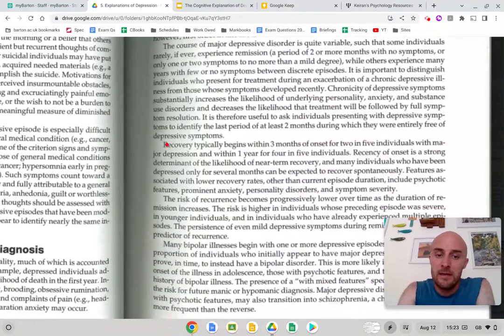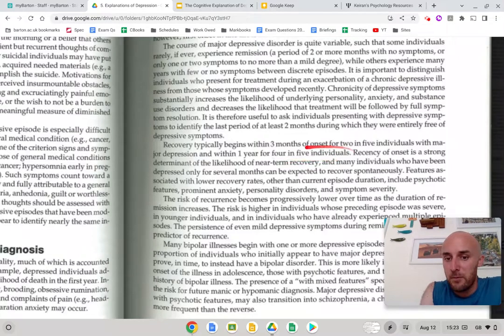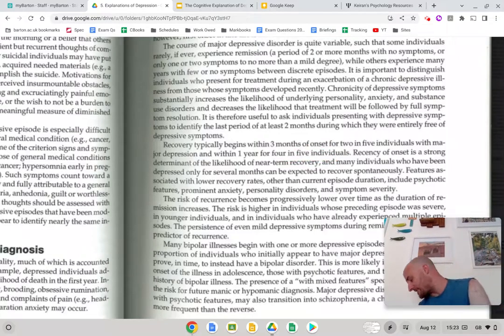So look, if we have a look here, recovery from depression typically begins within 3 months for 2 in 5 individuals, or within 1 year for 4 in 5 individuals. So some people respond very quickly to depression. Some people take a while longer. But generally speaking, a good way to look at this, 80% of people, that's 4 in 5, will begin to recover from depression within 1 year.